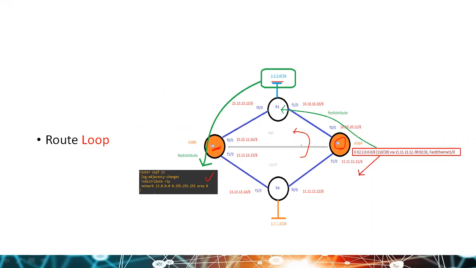I again mention, with just 4 routers, this kind of mistake is very unlikely. But if there's a huge network, someone can easily make this mistake and configure another router.